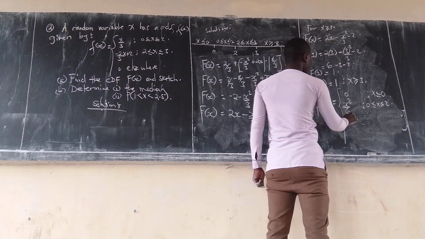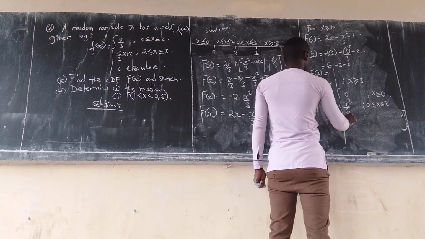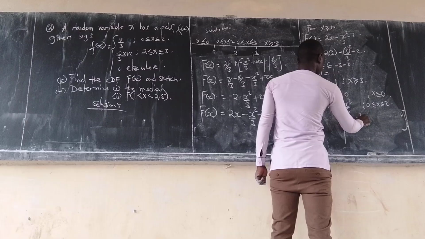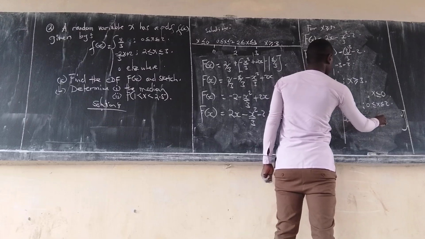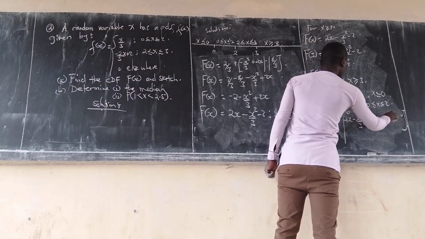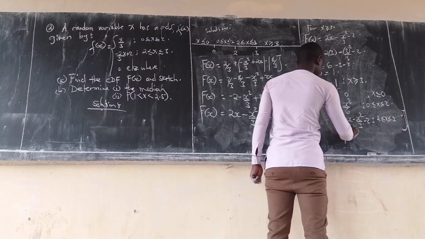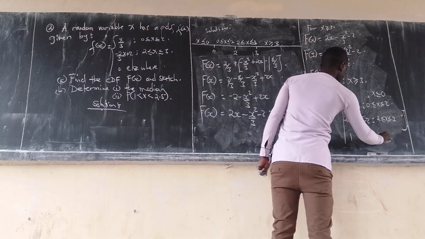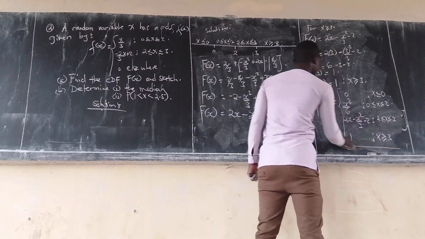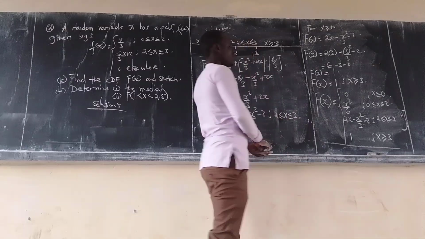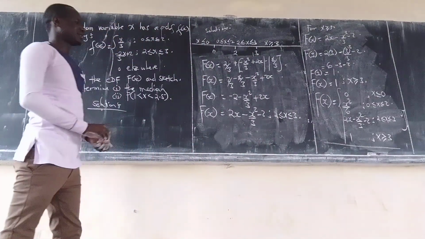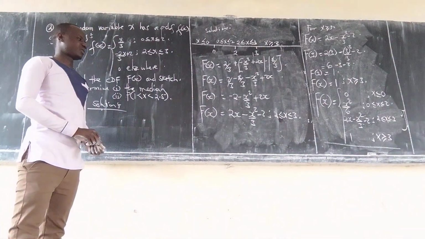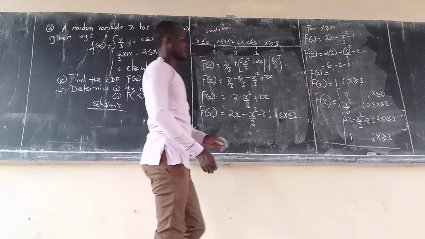It is 2x minus x squared over 3 minus 2 for all x values between 2 and 3, and it is 1 for all x values greater than or equal to 3. So that would be our CDF, capital F of x.